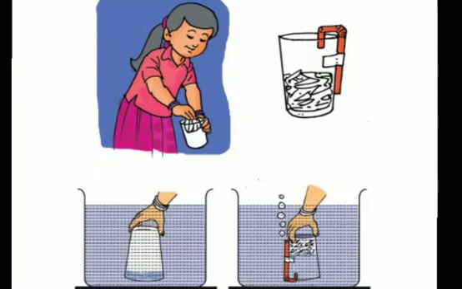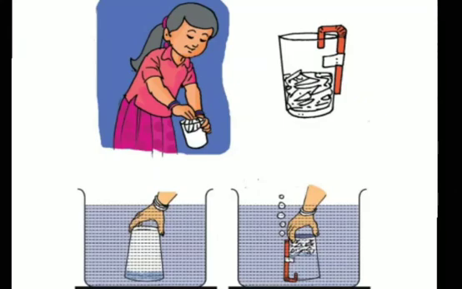Next, we have to prove that air needs space to occupy. So here is another experiment to prove whether air needs space to occupy. Look at the picture, children. You have to take 2 glass tumblers.